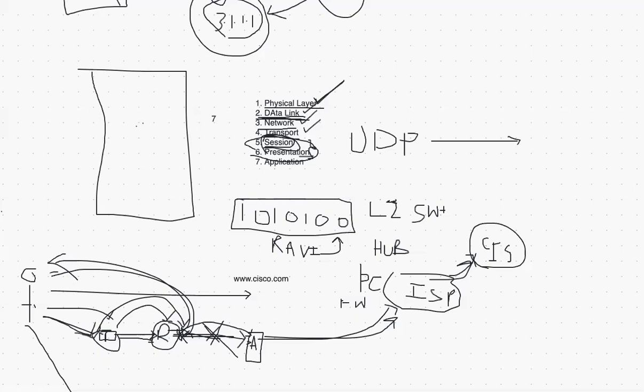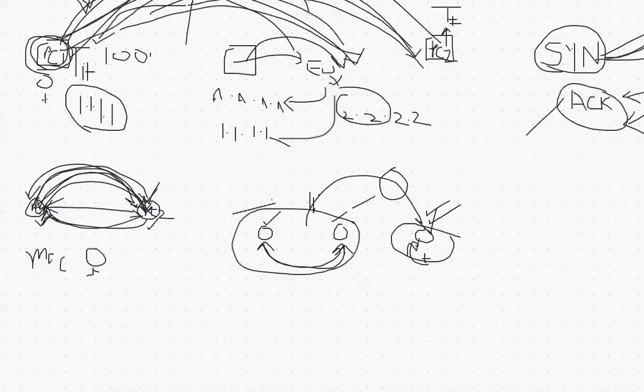So the cisco.com server, let's try it again. So there is a person going to cisco.com. Right? So I started a session, meaning I opened a browser and my browser started a session to reach the server.